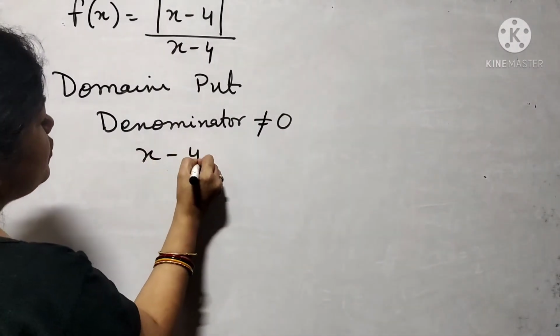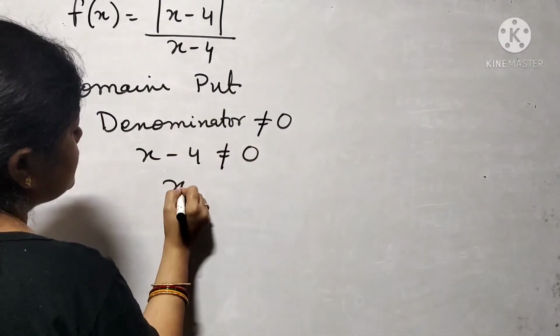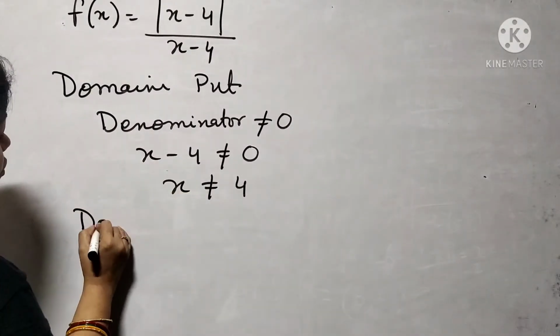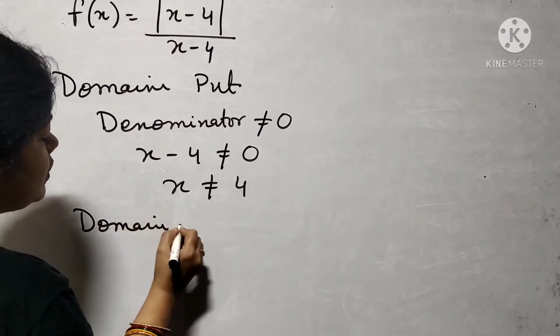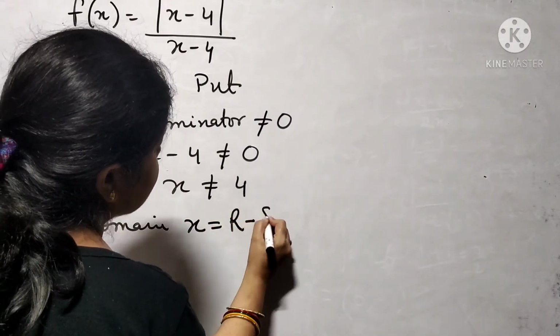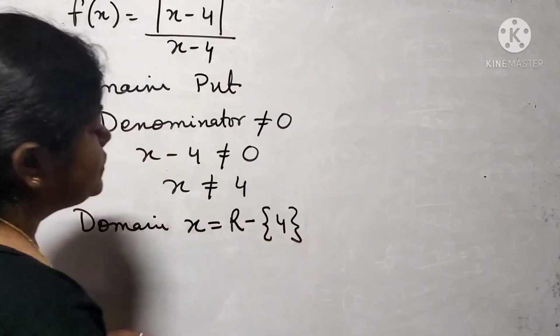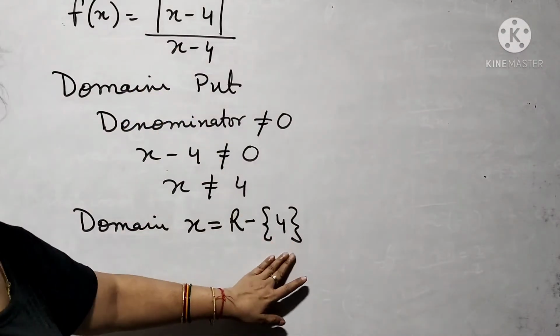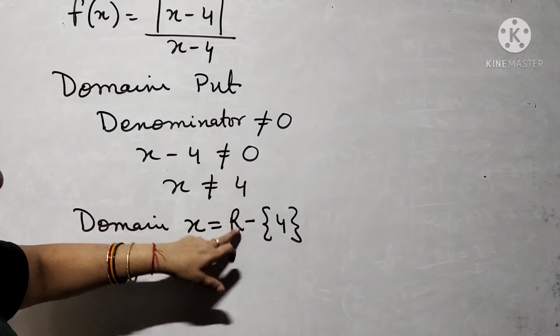So x minus 4 not equal to 0, so x is not equal to 4. So domain is all real numbers except 4, because for 4 the denominator becomes 0.